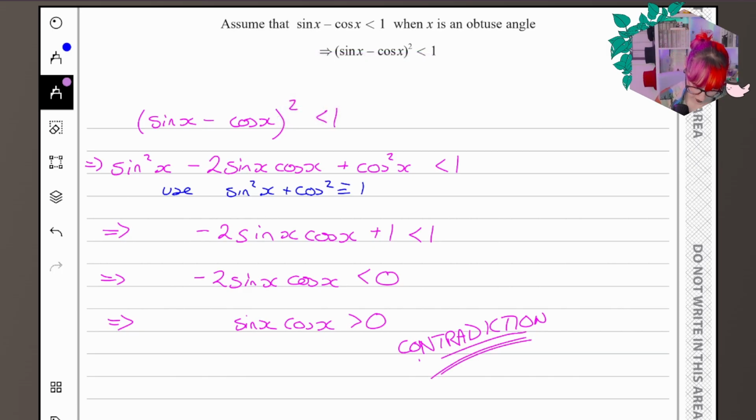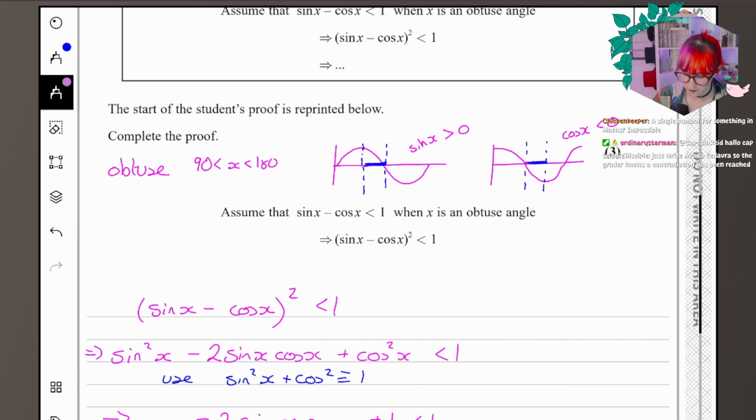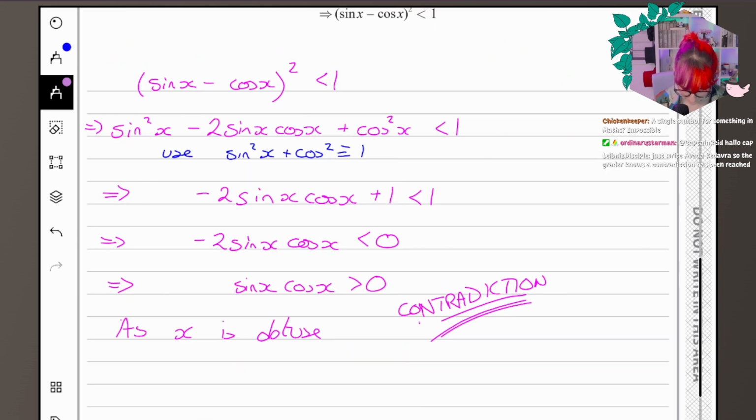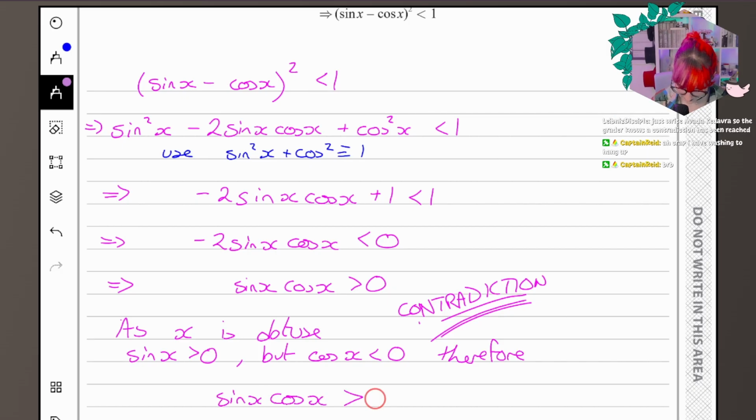Okay, aggressively contradiction. As x is obtuse, remember up here, sin x is greater than 0, but cos x is less than 0, therefore sin x cos x must be less than 0.